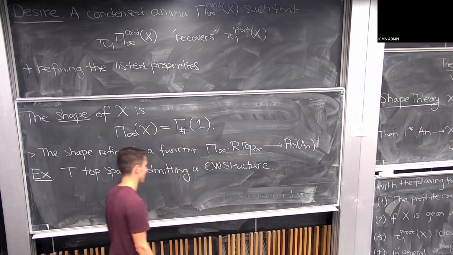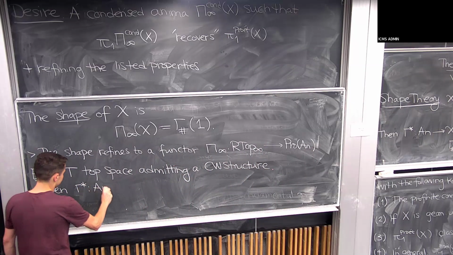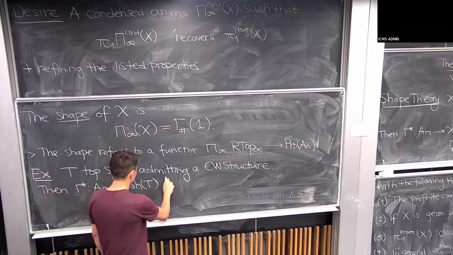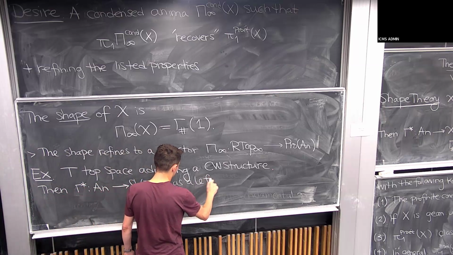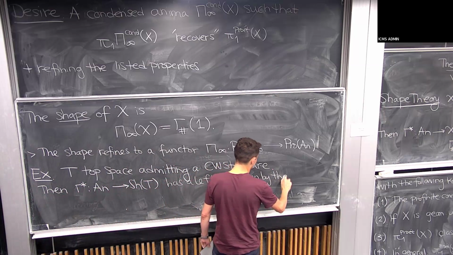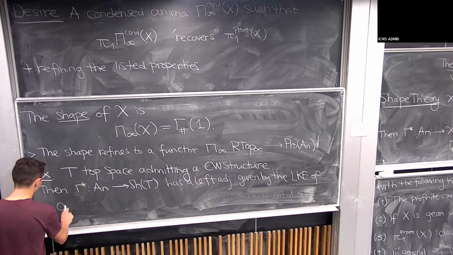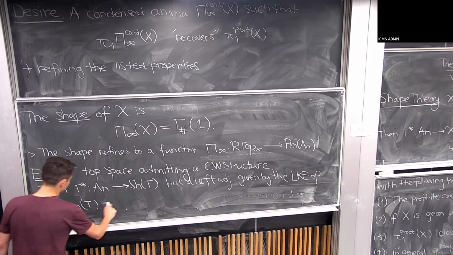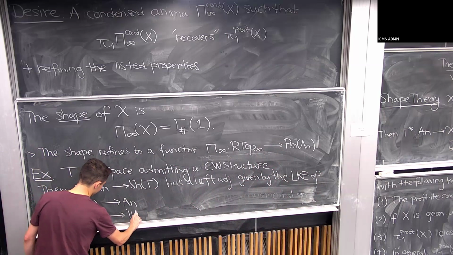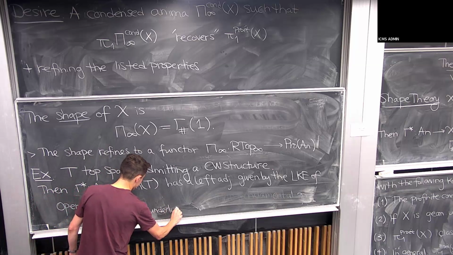You really can weaken this a lot, but in this case the constant sheaf functor from anima to sheaves on T has a left adjoint, given by the left Kan extension of the functor defined on open subsets of T to anima, sending an open subset U to what I will write as bars U, the underlying homotopy type, or underlying anima.